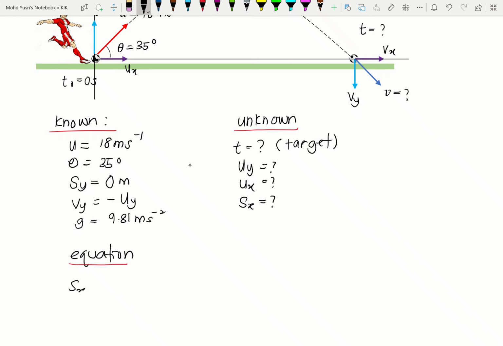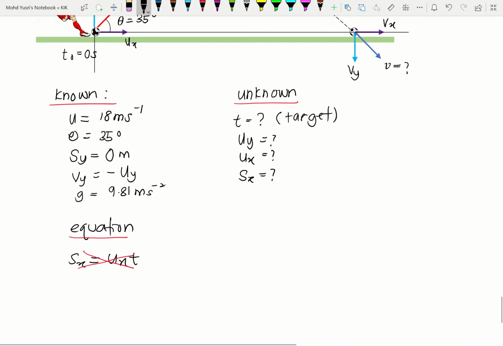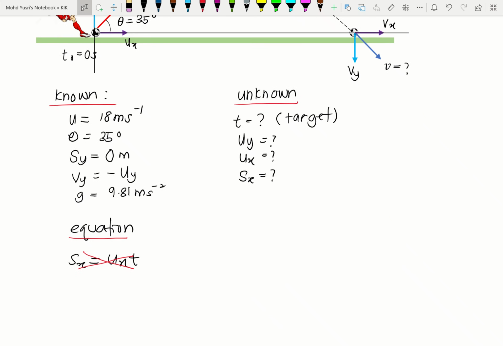The reason is that the equation in the x component is just x equals ux times t, and both the time and the horizontal displacement are unknown. Therefore, we cannot use this equation. What is left is the equation for the y component.